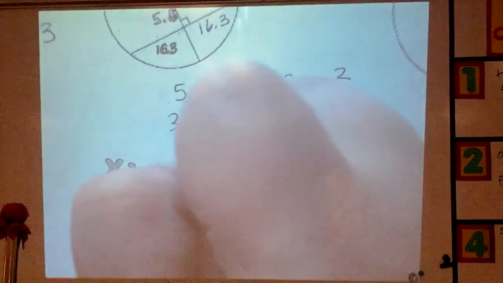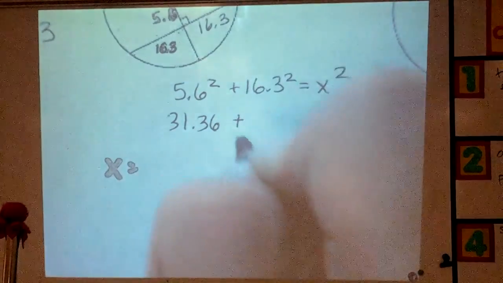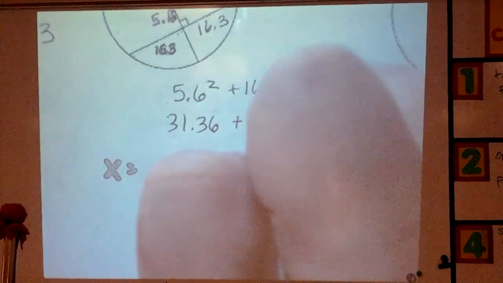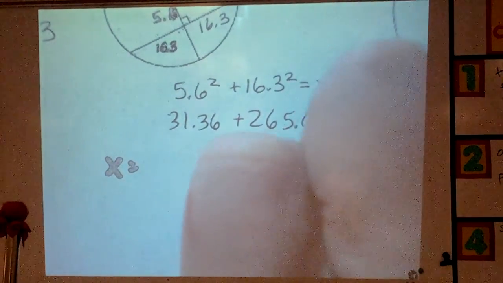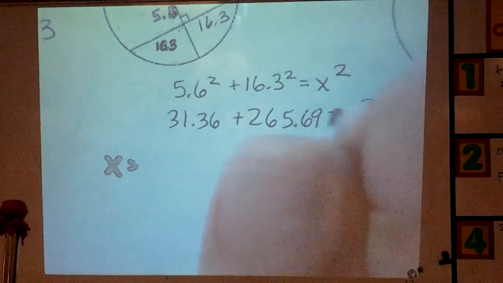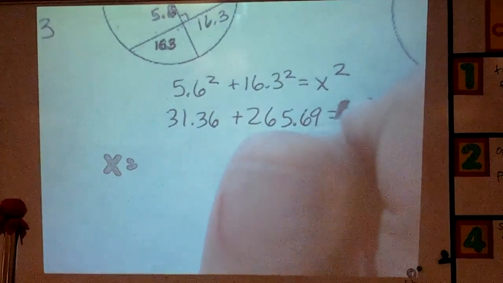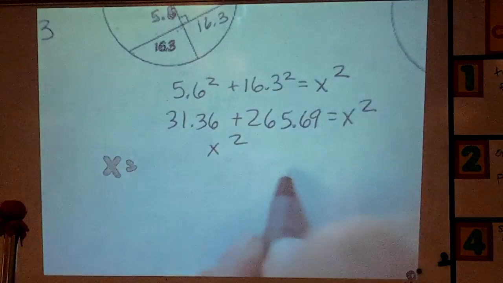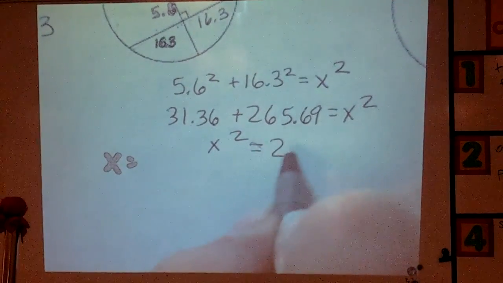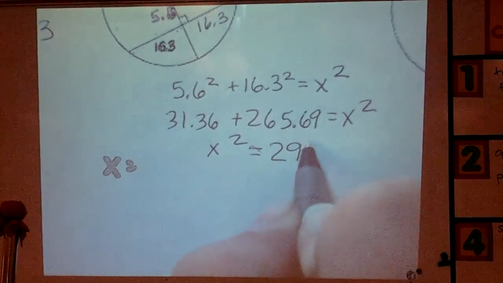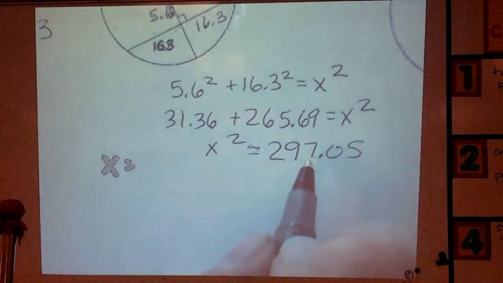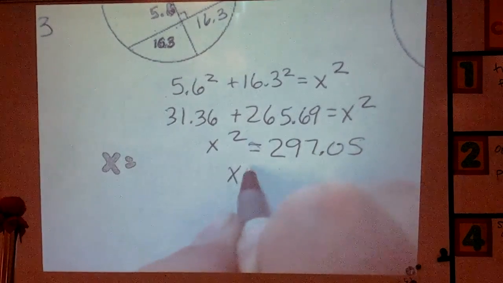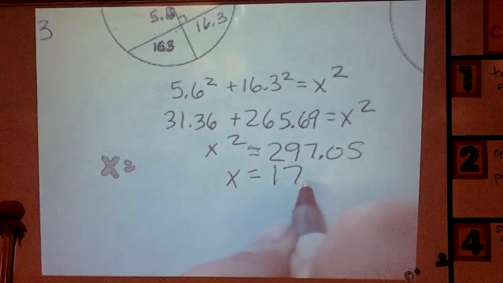So that's 31.36 plus 265.69 equals x squared. So x squared equals 297.05. Take the square root of both sides, and I get that x equals 17.2.